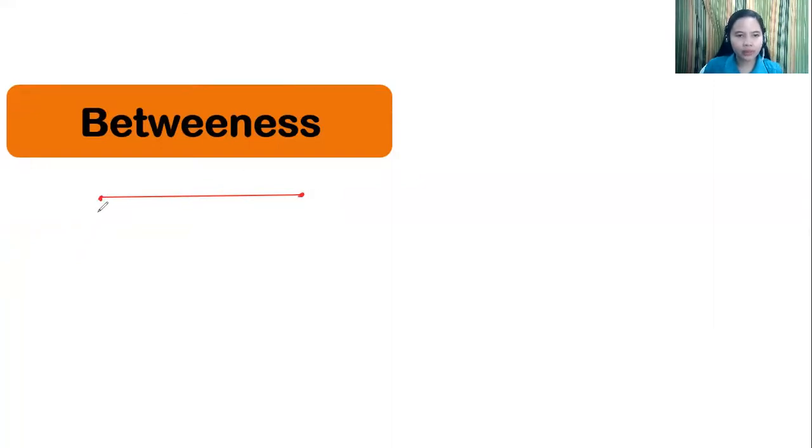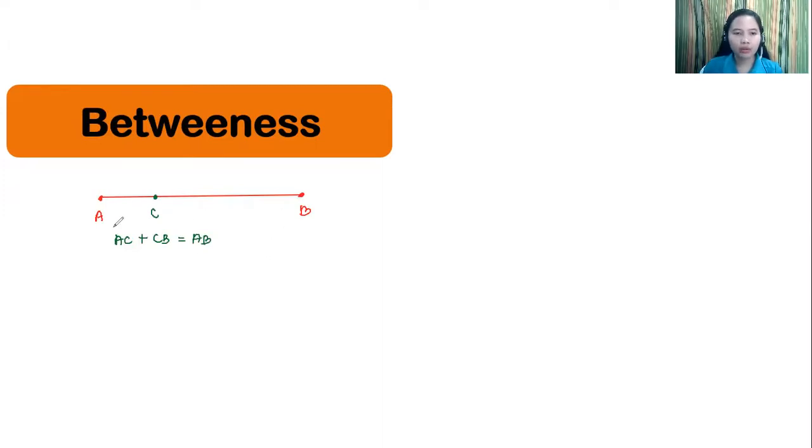And there is a point between these two endpoints, let's say point C. As you can see, point C is between A and B. It implies that when you add the two parts, segment AC plus segment CB, the answer will be segment AB. That is what we call betweenness.